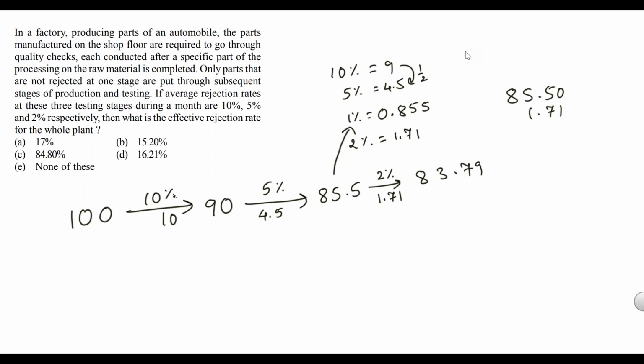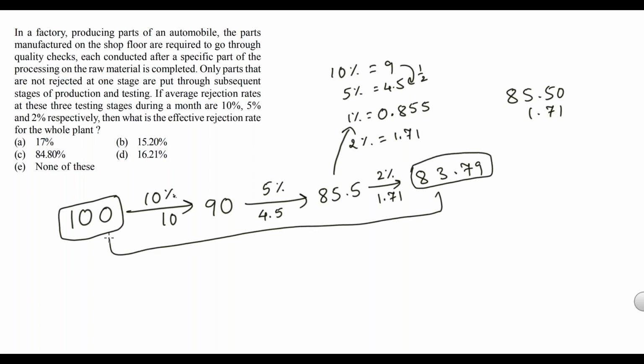Right. Now the question is, what is the effective rejection rate for the whole plant? Initially we started with 100, and finally after all 3 stages of filtration, what remains, not rejected, is only 83.79. So what is the rejection rate? Out of 100, 83.79 are not rejected. So how many rejected parts are there?